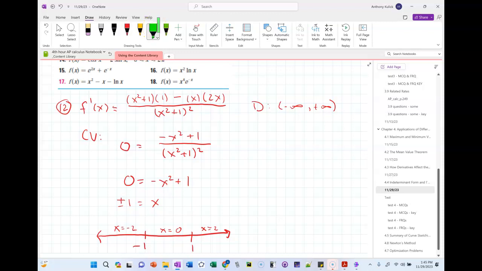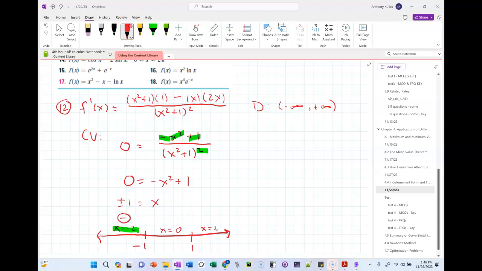So if I plug -2 in, well, I know the denominator is always positive, since it's something squared, so I don't even really have to worry about that. If I do -2 squared, I get a positive number, but then I have to make it negative, so it's -4. And if I add 1, it's still negative.